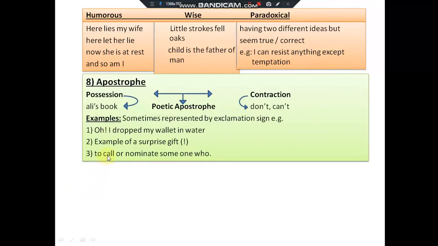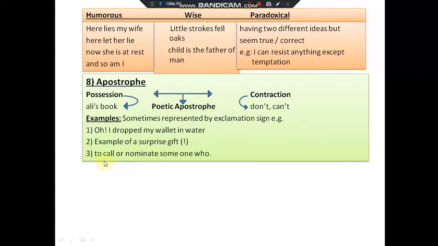Next, an example of a surprise gift I am giving you. Your mother comes in your room and you are sleeping. She puts your gift on the table, and when you wake up, you feel very surprised and happy to see that. What would be the expression? Oh, what a surprise gift! In such a sentence, you would be using this exclamatory sign that is called apostrophe.